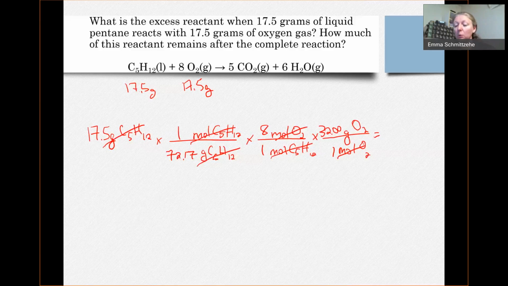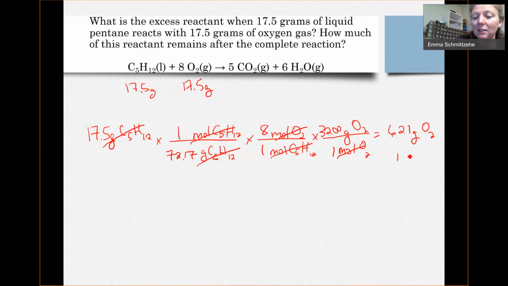So 17.5 divided by 72.17 times 8 times 32. So that tells me that I need 62.07, or well, I guess I'll round it to the right sig fig, 62.1 grams of O2.